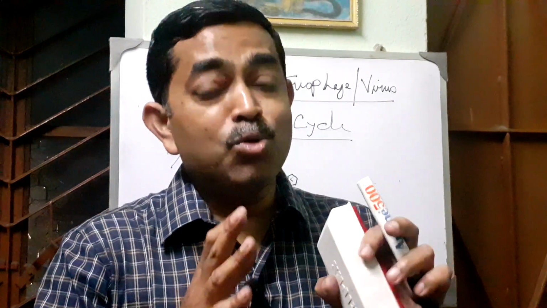Then this will be modified by glucosylation, so they will be different from the bacterial DNA, because bacterial DNA contains only cytosine, but the phage DNA will contain 5-hydroxymethyl cytosine, also glucosylated.